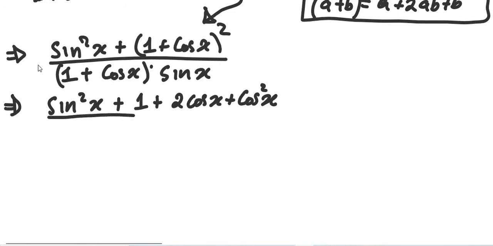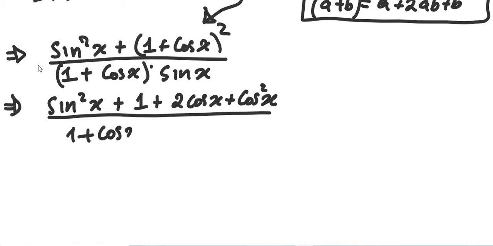So this divided by (1 plus cos x) times sine x. Now I will bring this and this together.